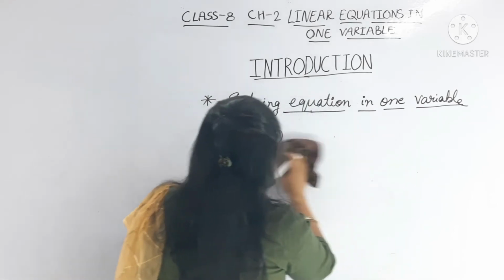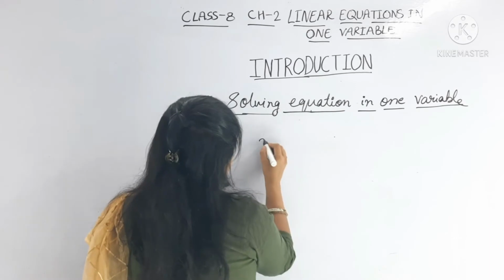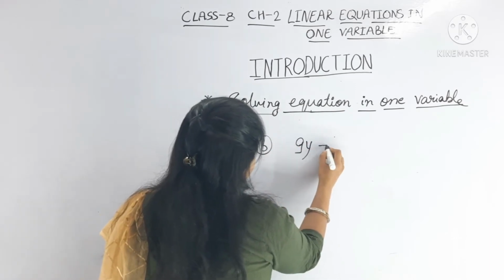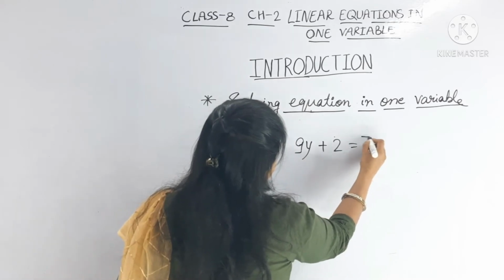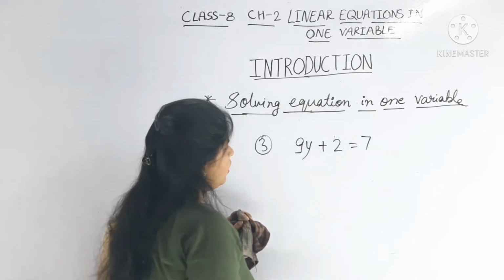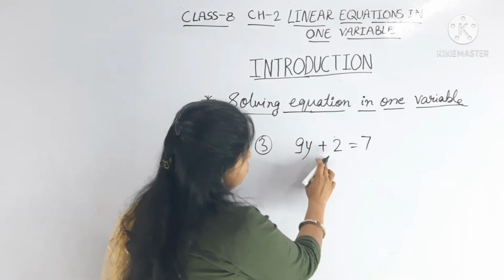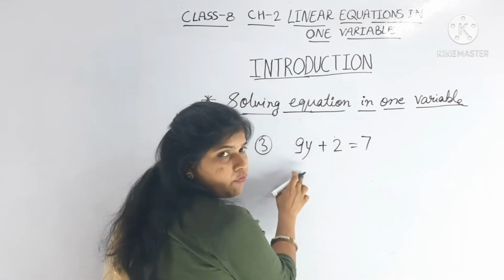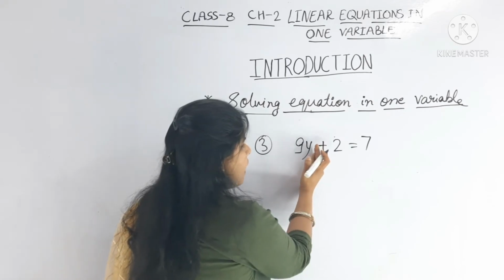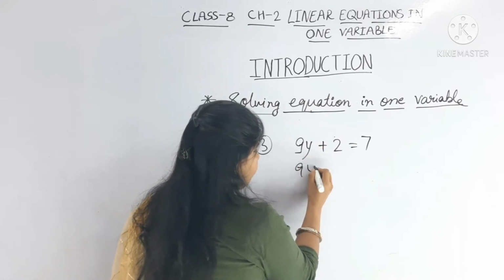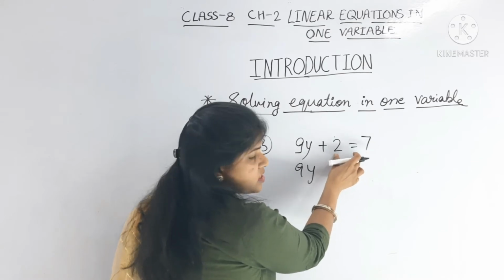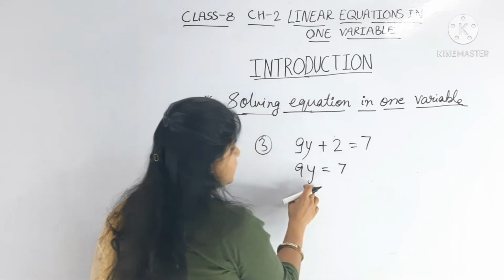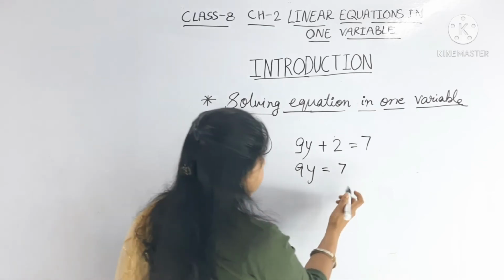Now let's see some more examples for this. If you have 9y plus 2 is equal to 7, like this. Here, this is the coefficient of y, that is 9. So we have to take the variable to one side, and the constant will be on the other side.